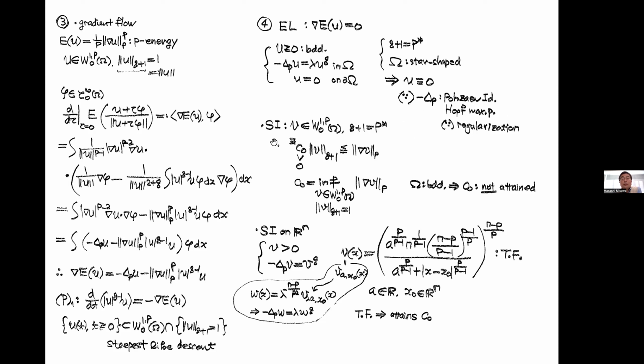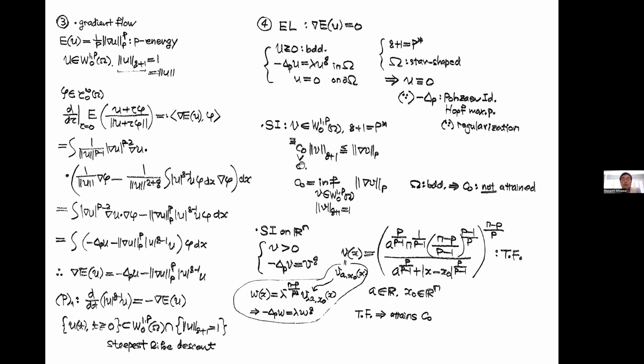Also, let us recall the usual Sobolev inequality, denoted by SI. The Sobolev inequality is the following: C0 times the (q+1)-norm is bounded by the p-integral norm of the spatial gradient of v. This inequality holds for the Sobolev space W^{1,p} of omega with trace boundary 0, in the case q plus 1 equal to the Sobolev critical exponent.